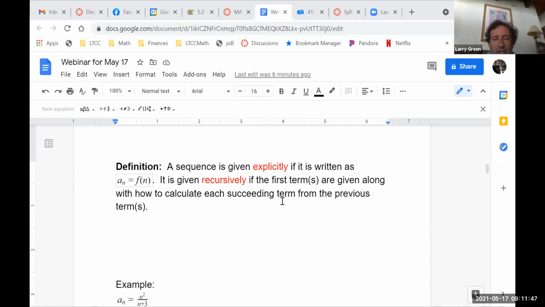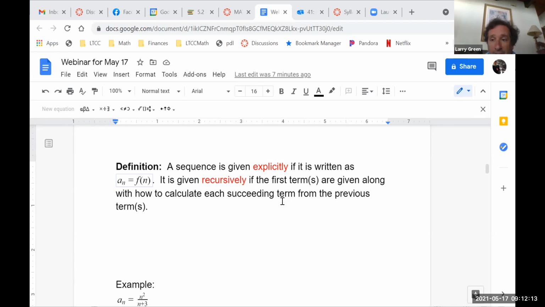If you have a recursively defined function and you want a sub 1,000, well, to get a sub 1,000, you start at a sub 1, then you go to a sub 2, then a sub 3, then a sub 4, and you keep going until you get to a sub 1,000. And that takes a very long time.